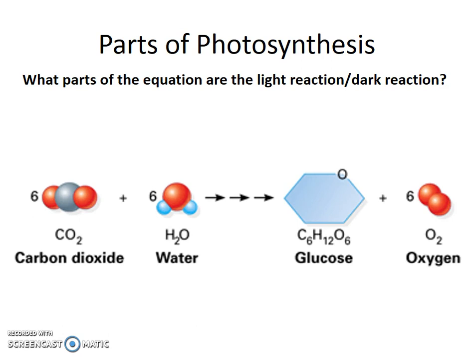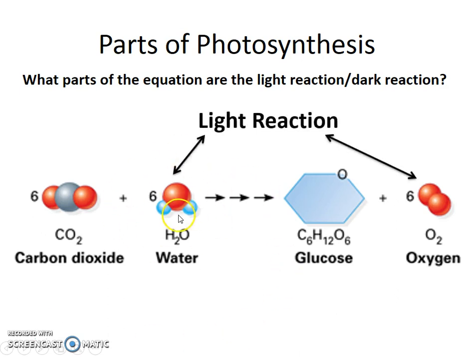If you look at the reaction for photosynthesis again, and this is really the same reaction that I showed you in the beginning, CO2 and water going in, glucose and oxygen going out, now you can actually see that photosynthesis isn't one big reaction where this is all happening at once. In fact, it's 2 reactions. The first reaction is the light reaction. Water going in and light energy separating it into oxygen and hydrogen.